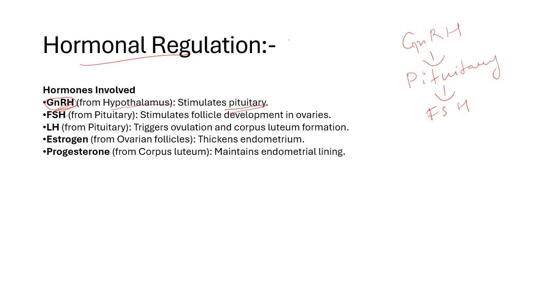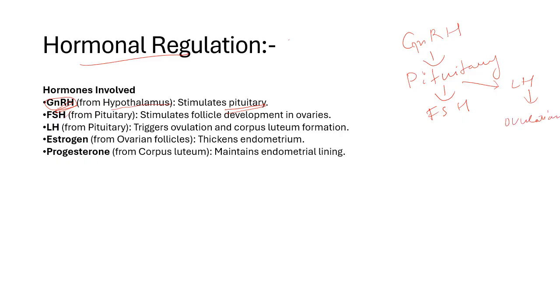This GnRH also stimulates the pituitary to release LH, luteinizing hormone. Now this luteinizing hormone triggers ovulation and corpus luteum formation. This is also helpful in ovulation.